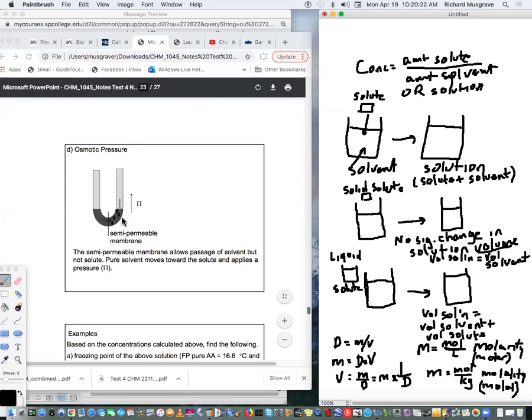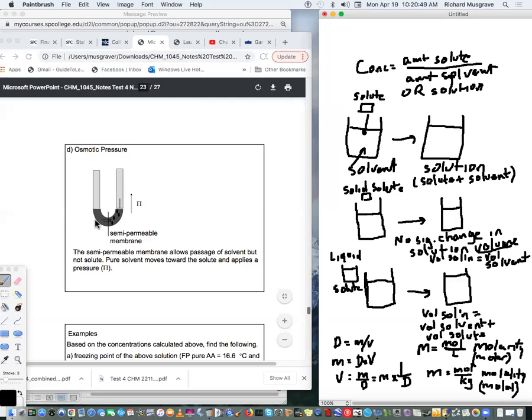If you were to put that on the piston, remember, there's solvent and solute on this side of the semi-permeable membrane. But if you were to push enough pressure on this specific piston that it would exceed the osmotic pressure, then you could push pure solvent back behind the semi-permeable membrane.